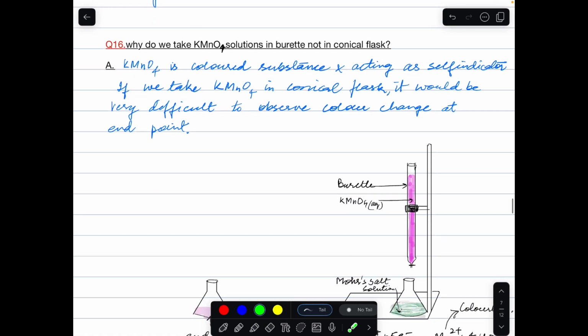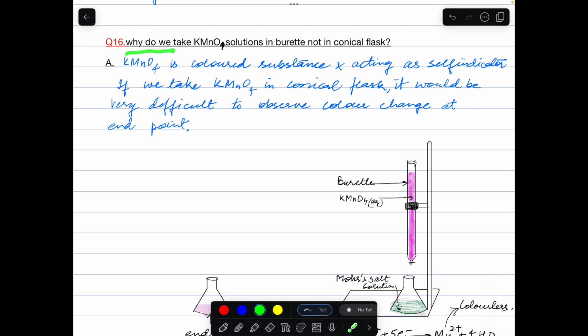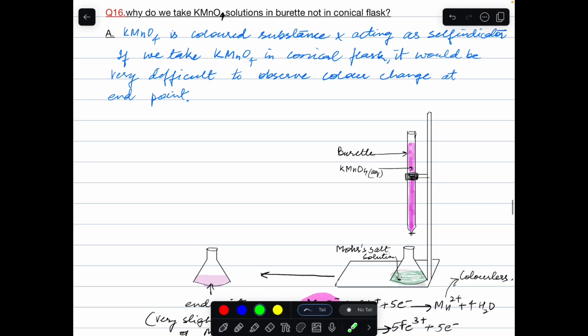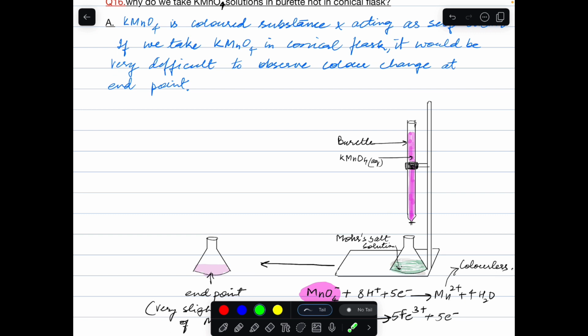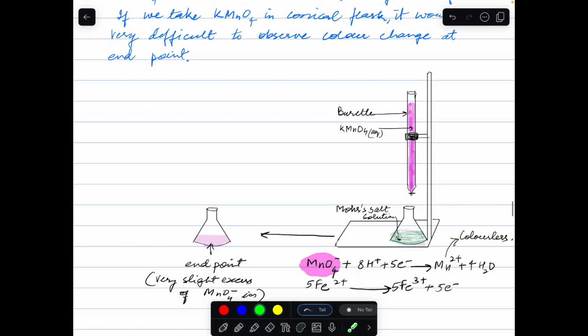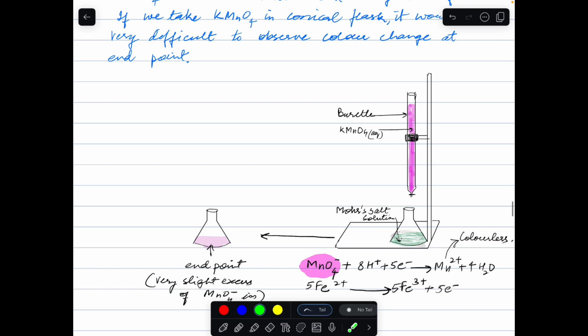Next question: why do we take potassium permanganate solution in the burette, not in the conical flask? One thing always remember, that most of the time the normal pattern of doing titration is that your known solution is taken in the burette and the unknown is pipetted out in the conical flask.